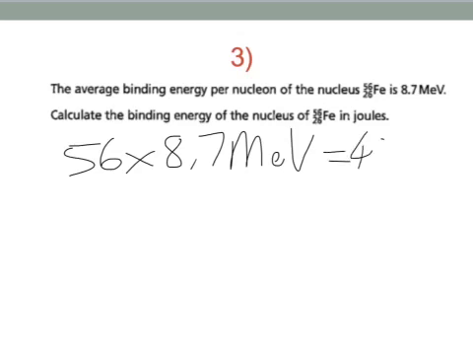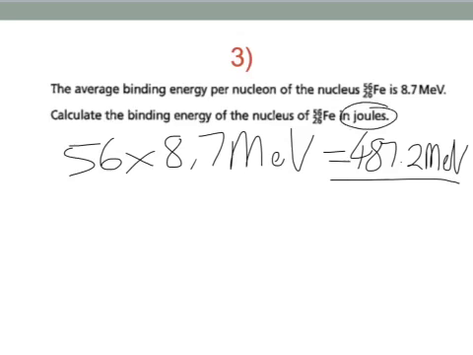That gives us 487.2 mega electron volts. Now that's to be converted into joules. And of course to do that we simply multiply by the charge on one electron.